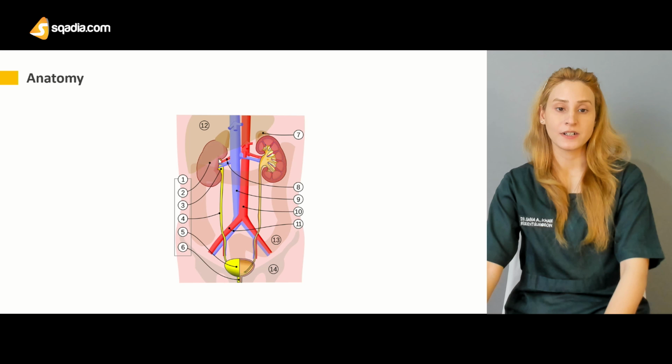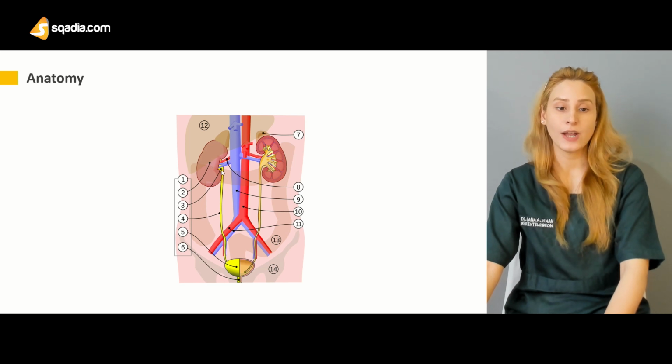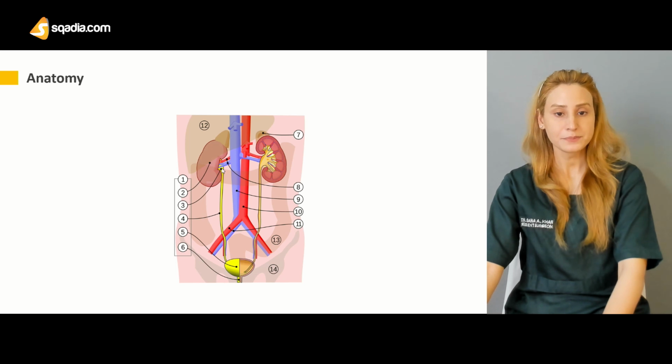Then you have the whole of the kidney. This is the parenchyma, specifically the middle lobe of the kidney. At number 3, you have the ureter coming from the renal pelvis. The fourth is again the ureter, and 5 is the trigone. 6 is the urethra, and 9 is the inferior vena cava.